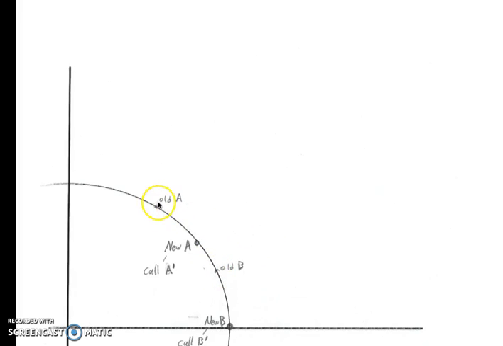Here's our old A and our old B, and then we slide both of these points down by angle beta. Now the new B is here on the axis and the new A is here. I'm going to call them A prime and B prime. That is a prime convention that is used pretty frequently.